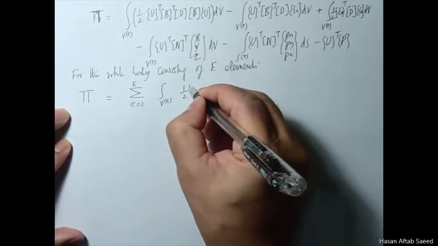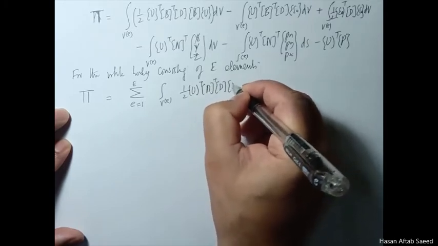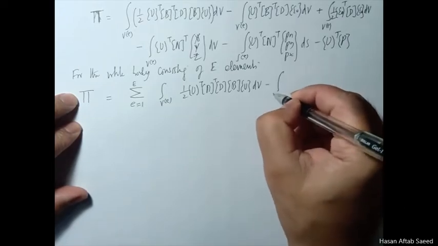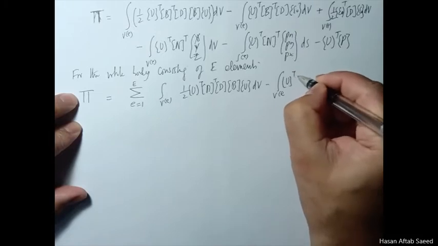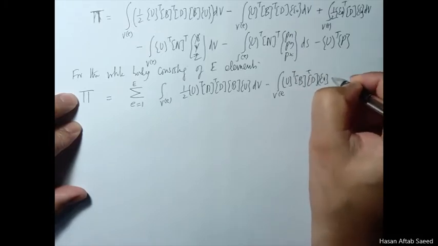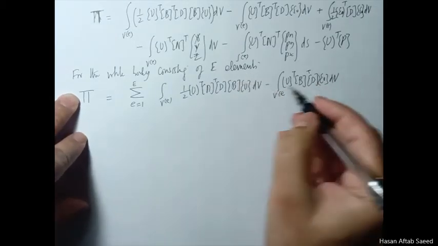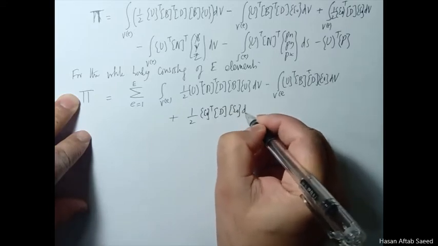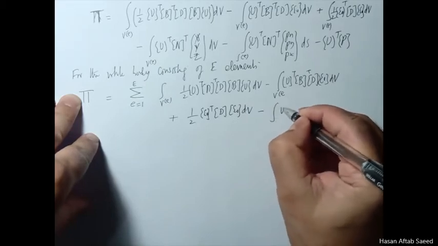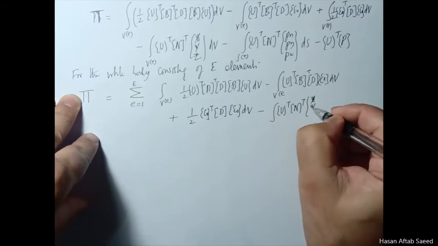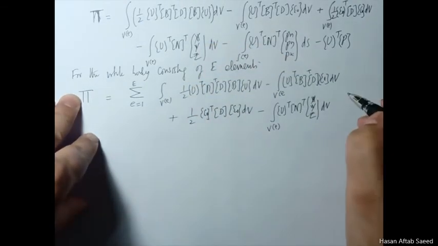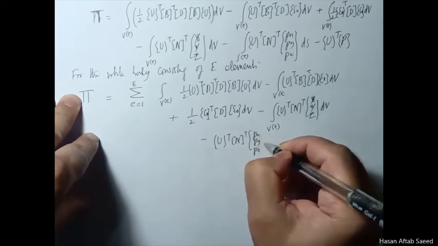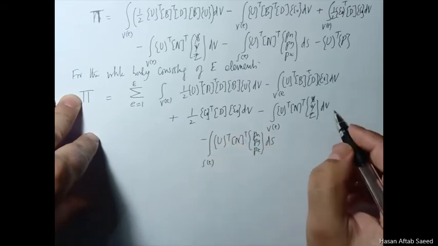So we get 1/2... Similarly, we keep on using the same expressions, but this time the difference being we are taking the whole summation over the complete body, not just one element.